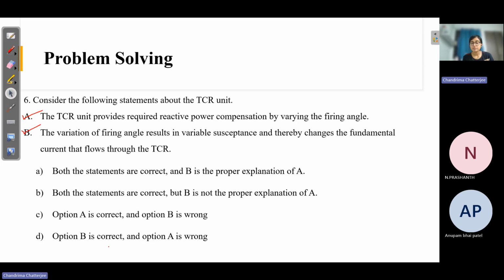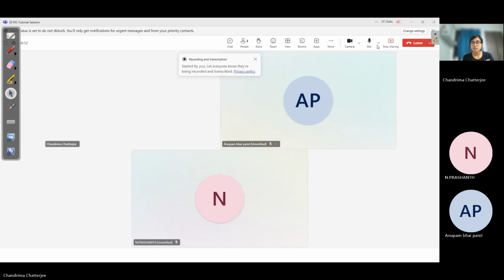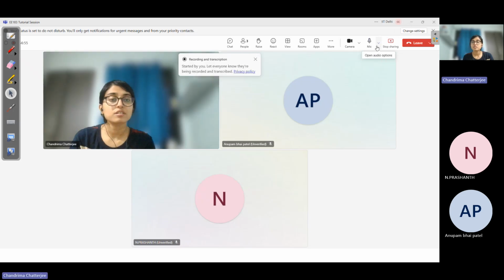And lastly, D: option B is correct, but option A is wrong. So which one is the correct option? Tell which one is the correct option.